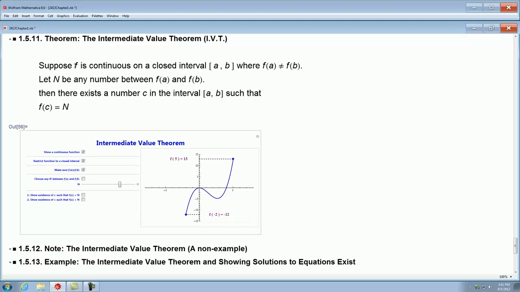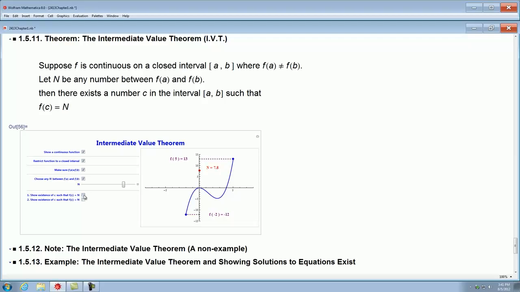So we've got this continuous function on a closed interval. The two endpoints are not the same. Now we want to let n be any number between these two values. So let me pick an n. There's an n, anywhere in between f of b and f of a. I'm going to choose any value. So here, I'll pick one right there. Then there exists a number c in the interval [a, b] such that f of c equals n. What is that saying?